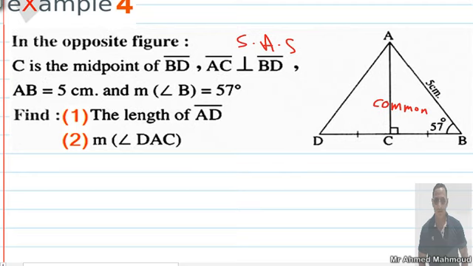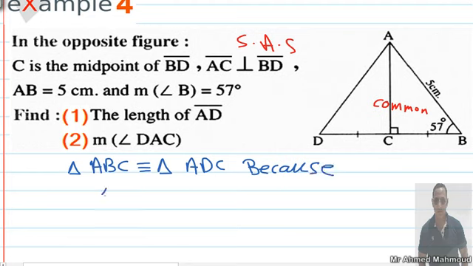AB equals 5 centimeters and measure of angle B equals 57 degrees. Find the length of AD. To find the length of AD, first we need to prove that the two triangles are congruent, because he didn't mention this. Then I will say that triangle ABC is congruent to triangle ADC because, number one, as we learned before, AC is a common side.